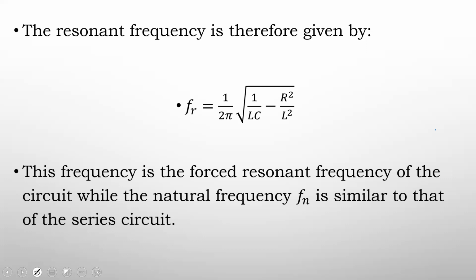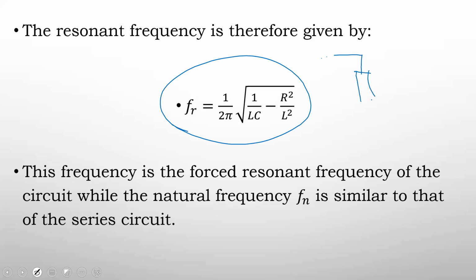What we are saying is that the expression 1 over 2 pi root LC represents the natural frequency. However, the forced resonant frequency will be given by this expression. And again, students, I repeat ad nauseam that this expression represents the resonant frequency for this circuit.